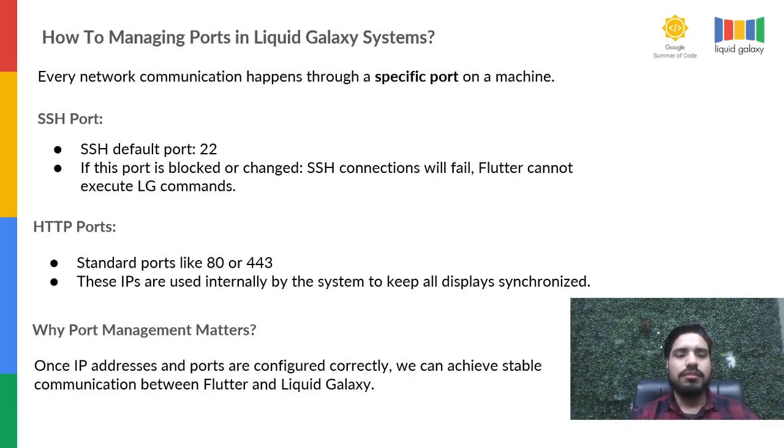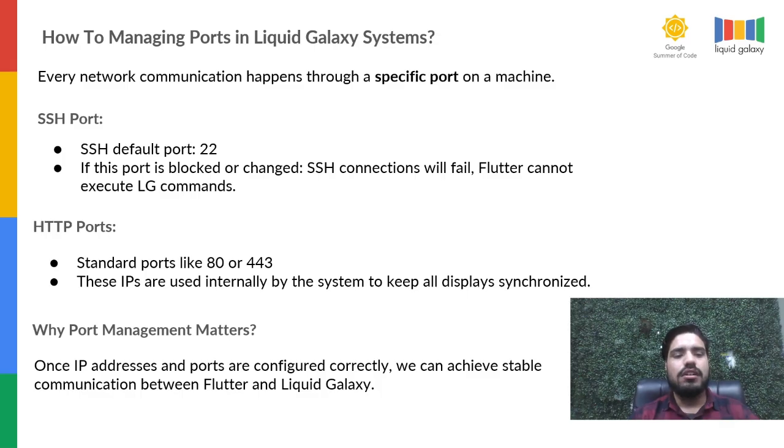If this port is blocked, the SSH connection will fail and Flutter cannot execute LG commands. So remember that while executing commands on LG systems, firstly we need to figure out through which particular port we can connect our Flutter app with Liquid Galaxy.